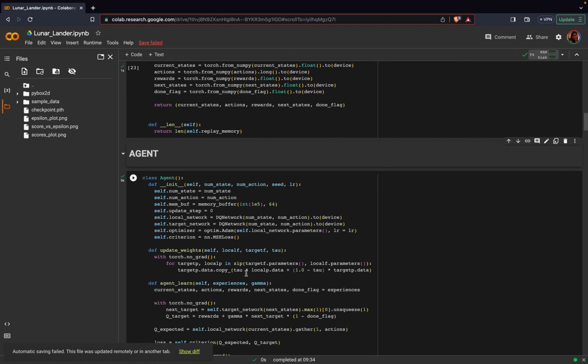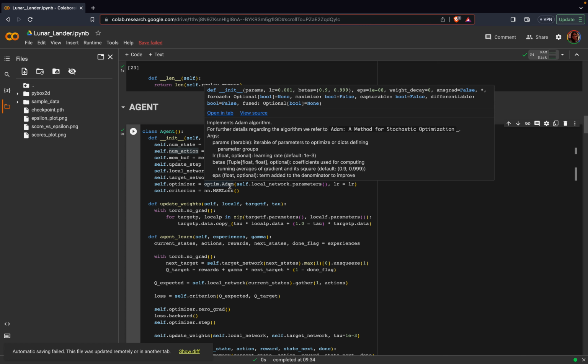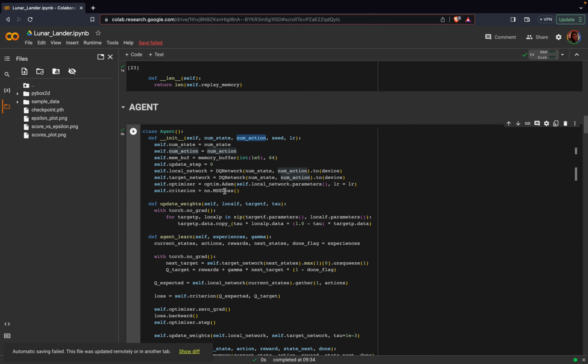After you're done with this, let's define our agent. The agent takes in our DQN network, our memory buffer, number of states, number of actions, seed, and the learning rate, right? After we have the DQN set up, we want the loss function, an optimizer for that, and a criterion, that is MSE loss.